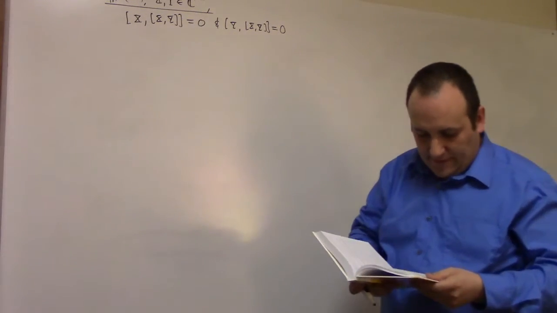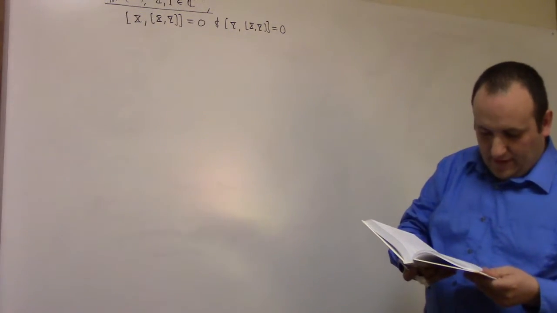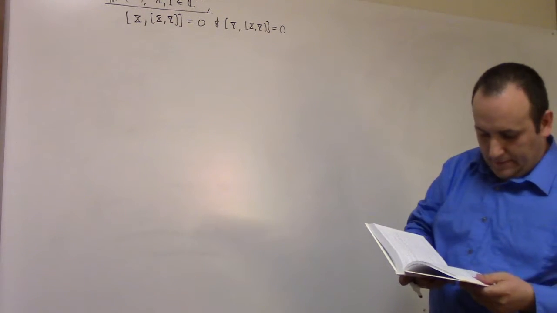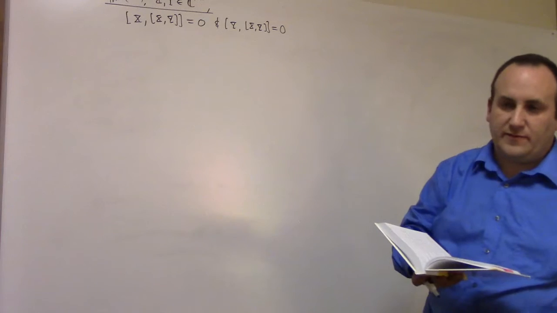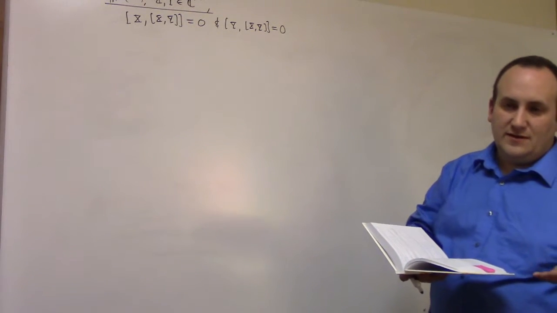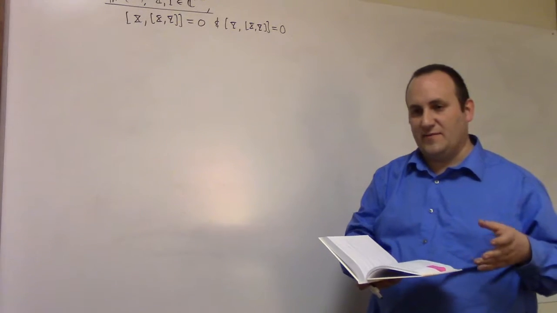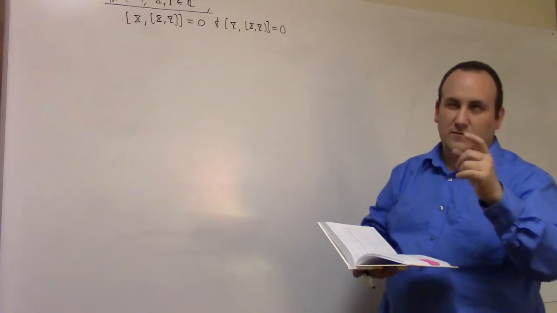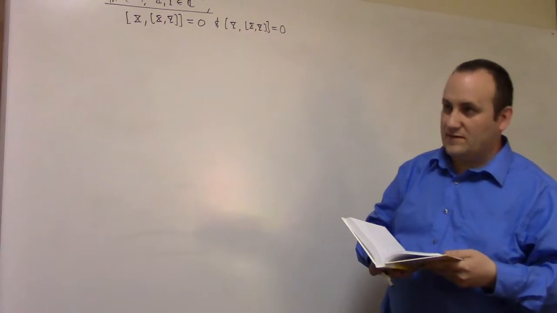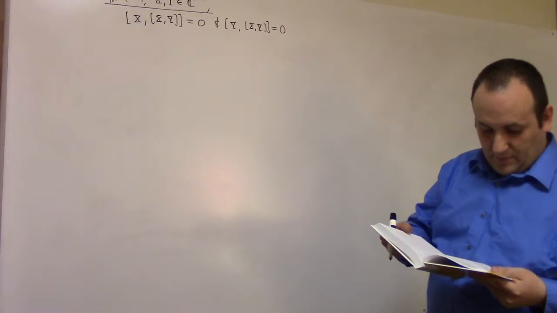This condition, for example, is met by the Heisenberg group, the algebra for that. Because the algebra for that is like the 3 by 3 strictly upper triangular matrices. So when you multiply two of them, you get a strictly upper triangular matrix with a 1 in the 1, 3 component. And then when you take that with anything else, it goes to 0. So you get this condition, for example.